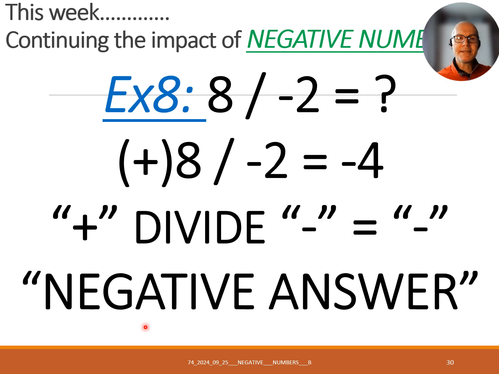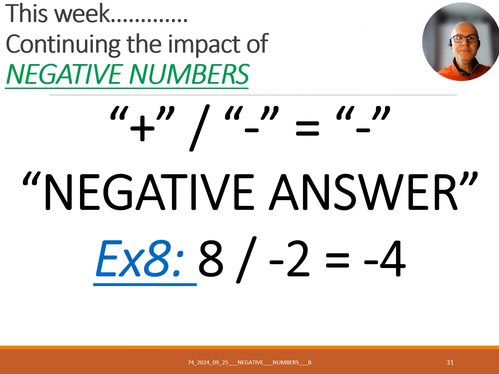And example 8 is positive 8 divided by negative 2. So here we have a positive divided by a negative equals a negative answer. This is true for all formula where you have a positive number divided by a negative number, the answer will always be negative.